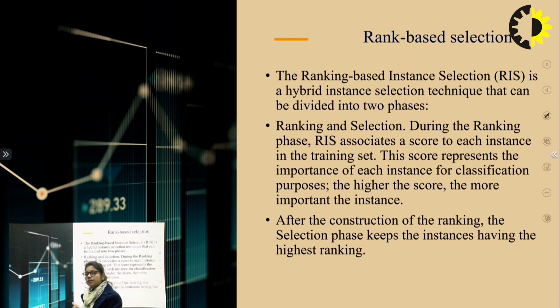The score represents the importance of each instance for classification purposes. The higher the score, the more important the instance. After the construction of the ranking, the selection phase keeps the instances with the highest ranking.